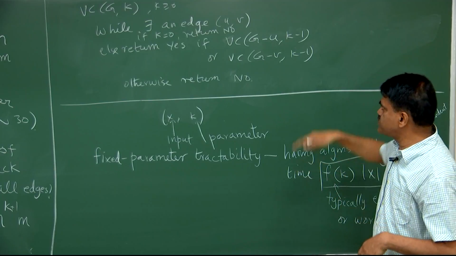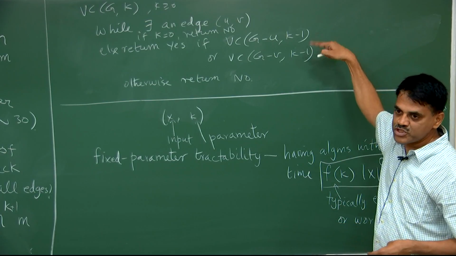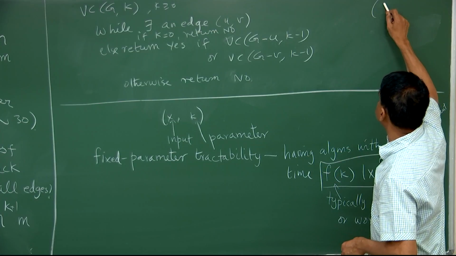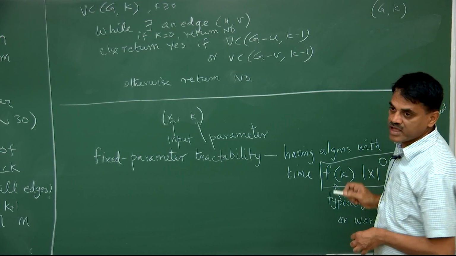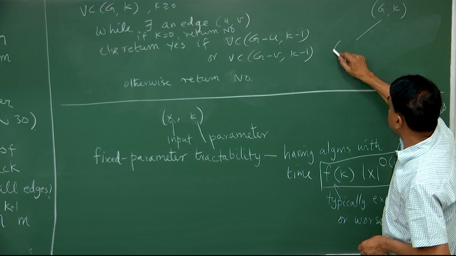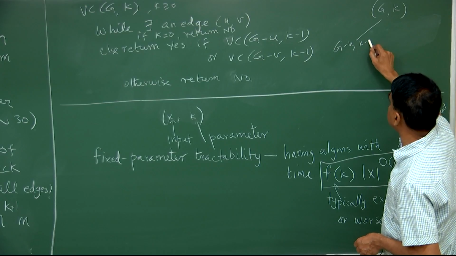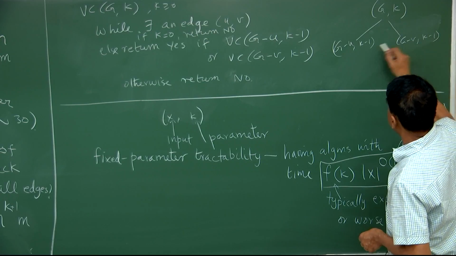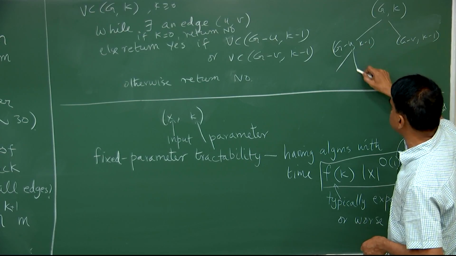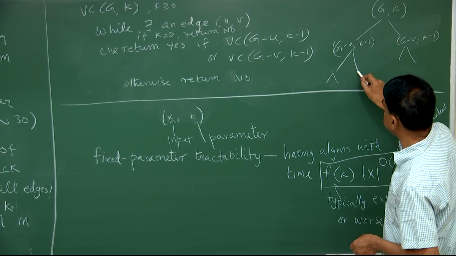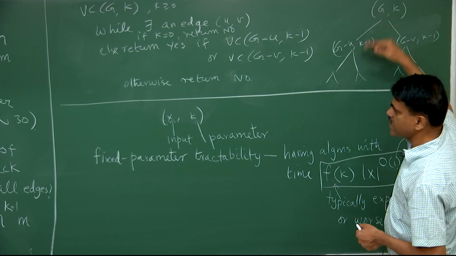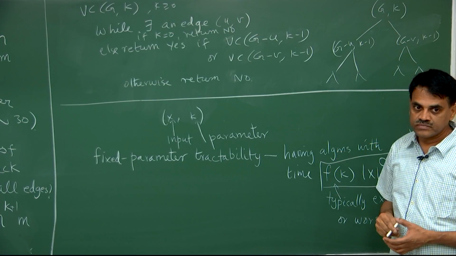If you look at what happens to k in these recursive branches, I start with G comma k here, then I do G minus u, k minus 1, and G minus v, k minus 1. And here I'll pick another edge and branch, it goes on. It's a two-way branch, right? What is the depth of this tree? k.